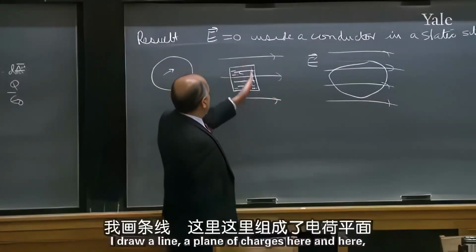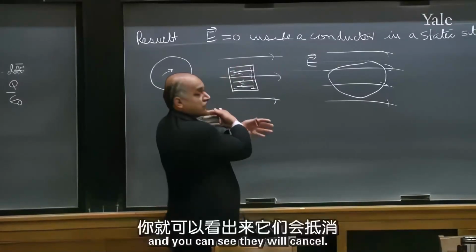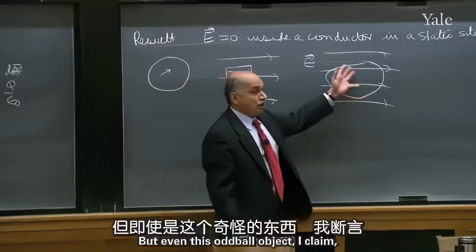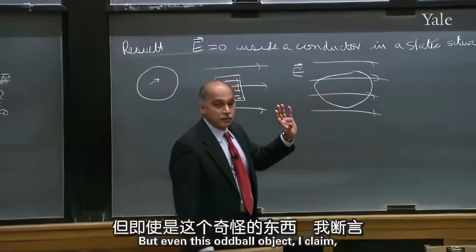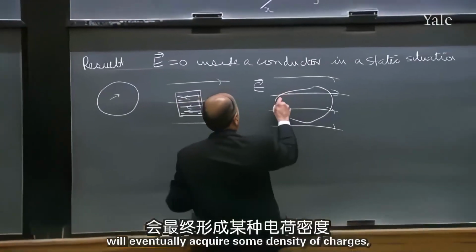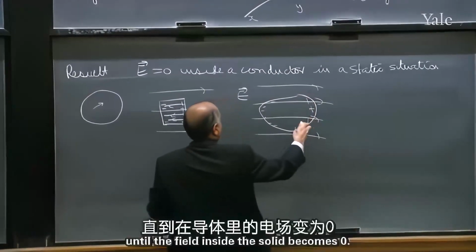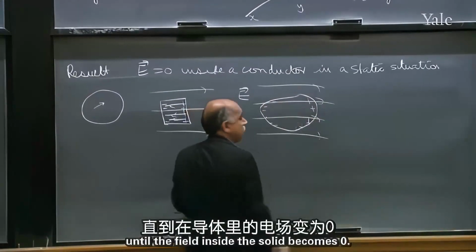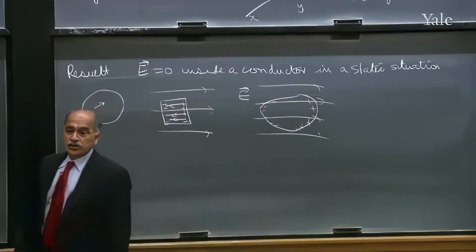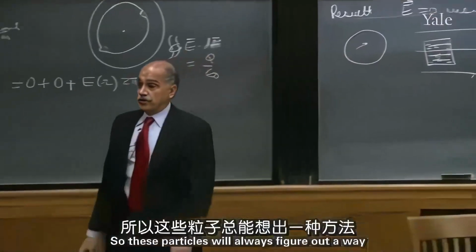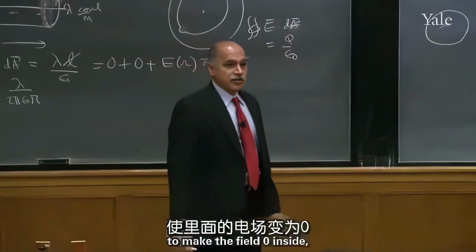I drew a plane of charges here, and you can see they will cancel. But even this oddball object, I claim, will eventually acquire some density of charges, may not be uniform or anything, in some complicated fashion until the field inside the solid becomes 0. So these particles will always figure out a way to make the field 0 inside.